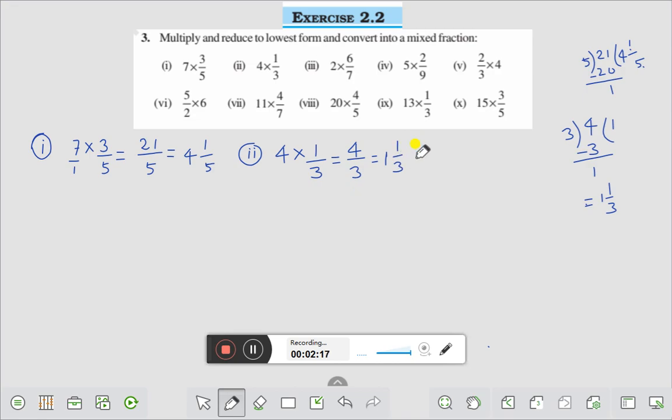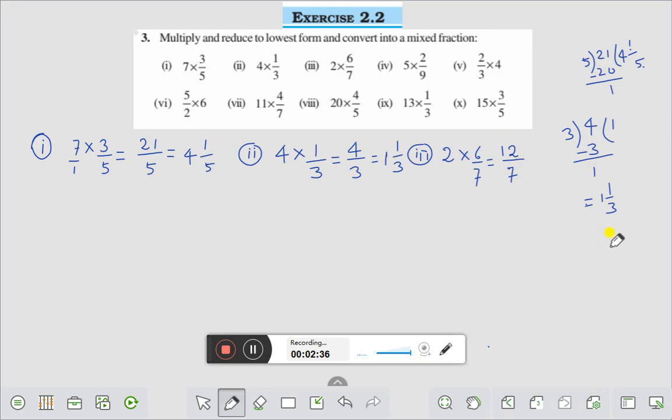Question number 3 is 2 into 6 by 7. That is 2 sixes are 12, so 12 by 7.